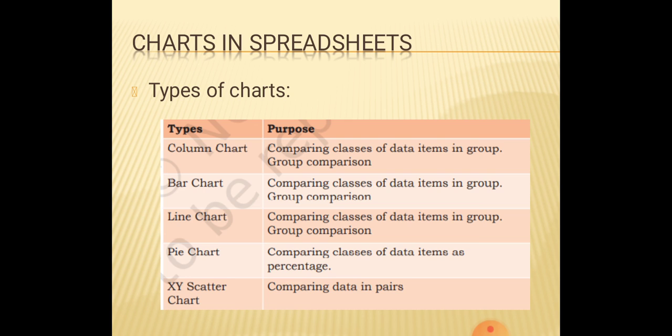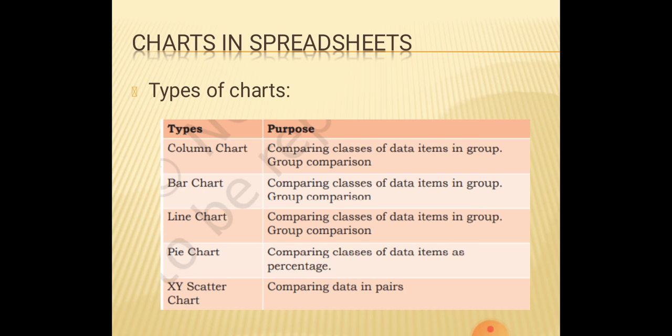Next one is bar chart. Bar chart is also similar to that, comparing the data items in groups by placing some bars. Like cylinder bars we will be using, right? Cone, so all these come under it. Line chart is by just drawing lines to indicate your growth or comparisons.